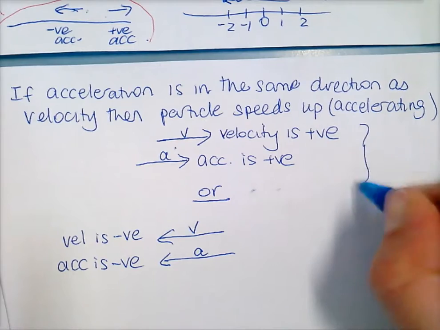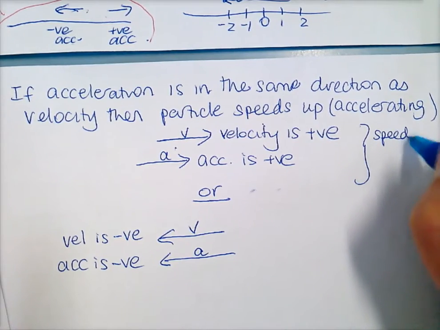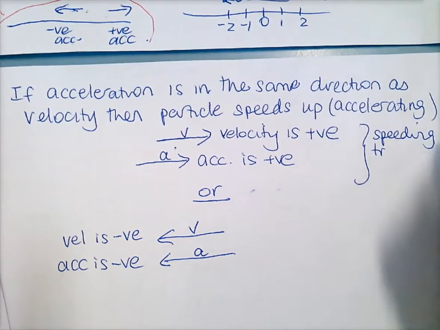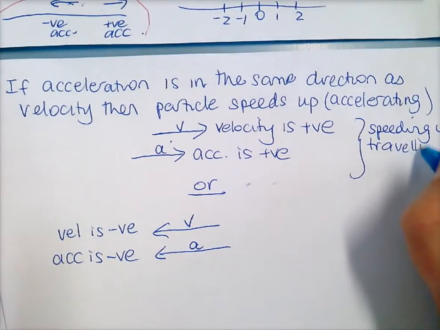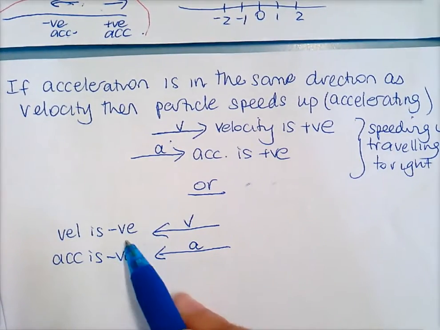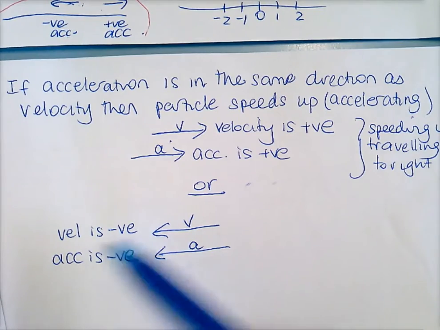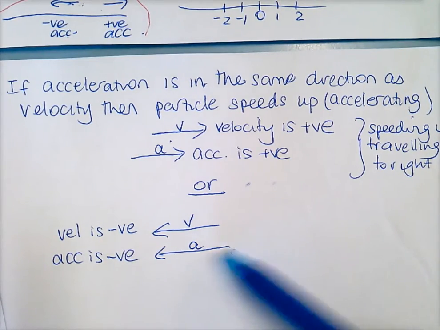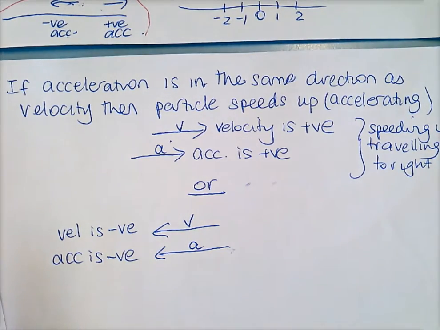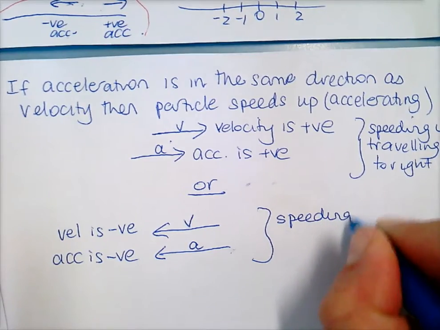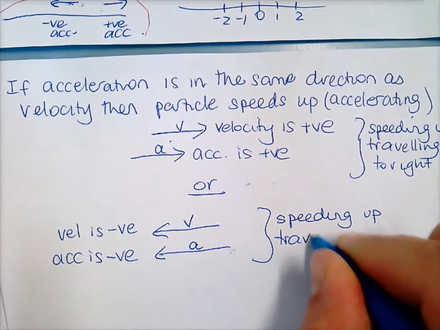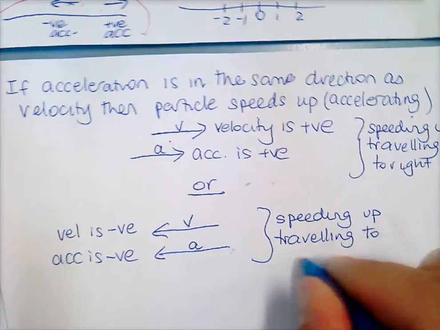So this particle is speeding up, travelling to the right. For this one, velocity is negative. The velocity could be negative 60 kilometres an hour and it's speeding up, so it's going to go 80 kilometres an hour towards the left. This particle is also speeding up, but it's travelling to the left.